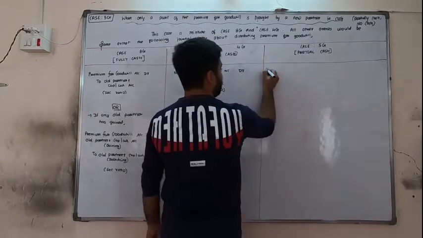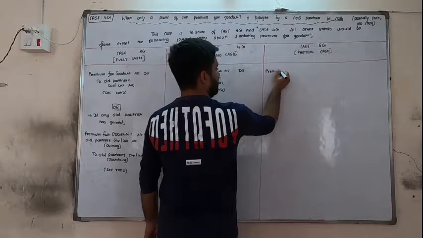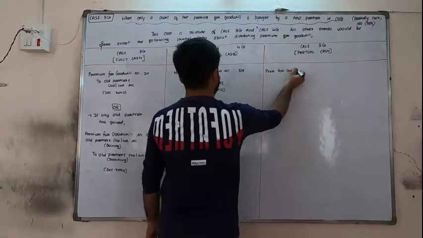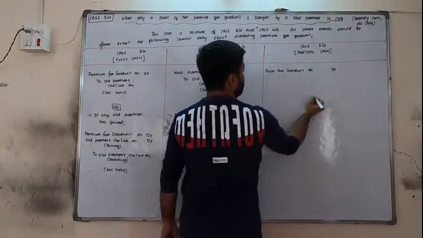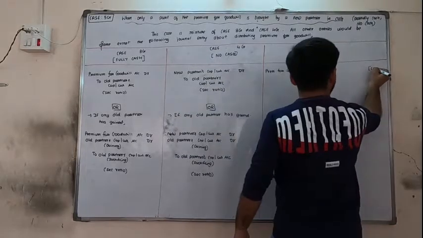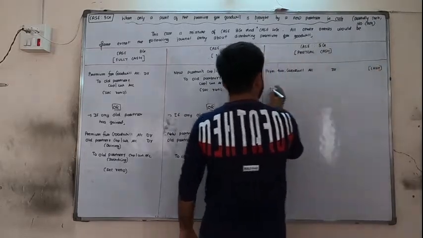So we are making the entry here: premium for goodwill account debit, and this should be in cash.